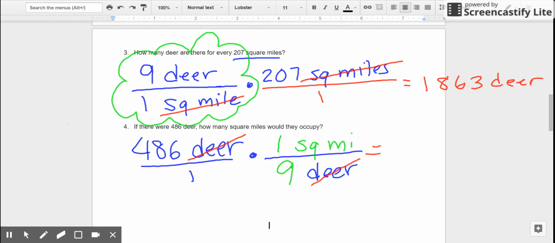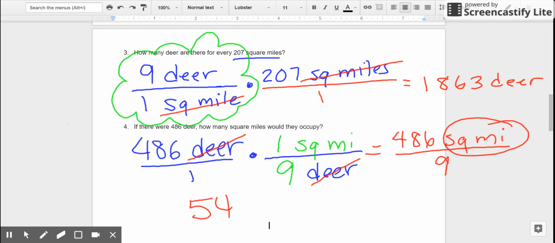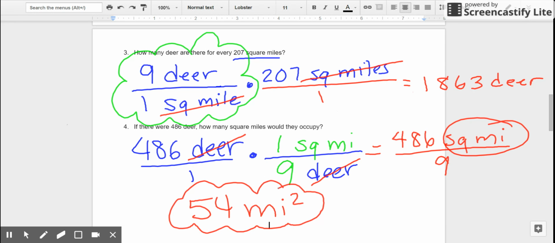When I multiply straight across, that leaves me with 486 square miles divided by 9. 486 divided by 9 is 54, and my units that are remaining are square miles. So if there were 486 deer, they would occupy 54 square miles.